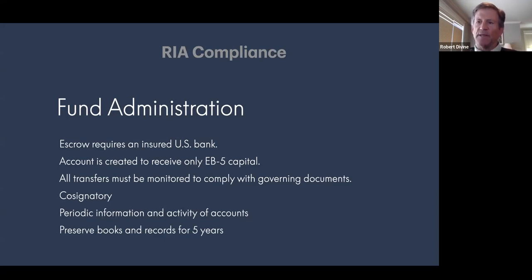And there's proof that the money that's being replaced was used properly on the job creating project, just as EB5 money would have been needed to be spent that way if it had been available at the time that those expenditures arose. And then the fund administrator can authorize that disbursement.